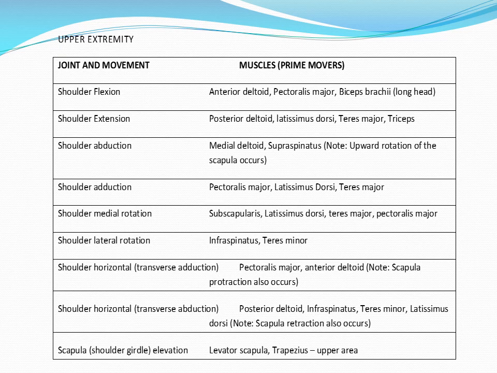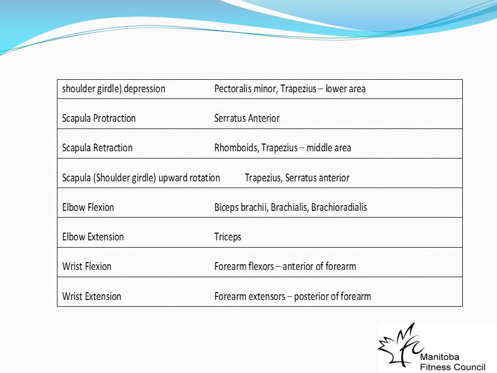Scapular elevation, so shoulder elevation. Imagine holding dumbbells in your hands, your arms directly by your side, and you are going to shrug your shoulders up. You're going to shrug them up. The muscles would be your levator scapula and your upper trapezius. Shoulder depression.